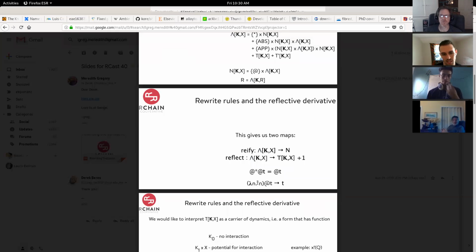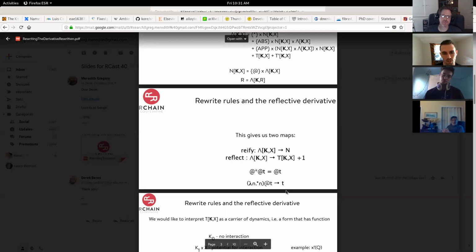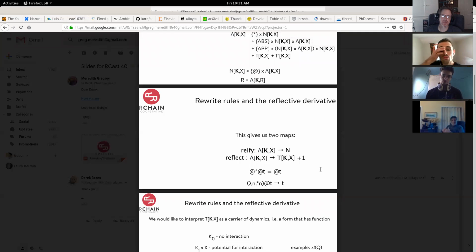And so I'm assuming this lambda n dot star n of at T going to T is supposed to be this reflection. But I'm not exactly seeing why this is reflection. Maybe it's just this kind of inverse relationship between the evaluation and the quoting that we're calling reflection.